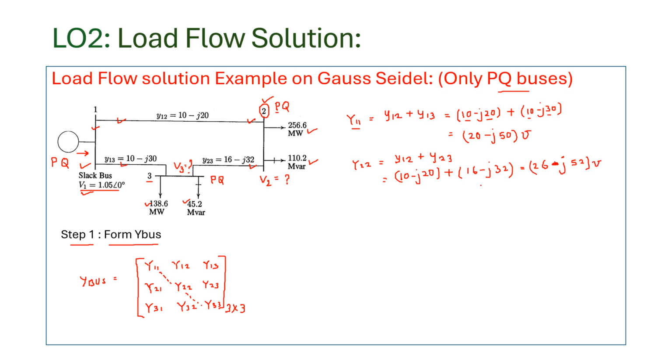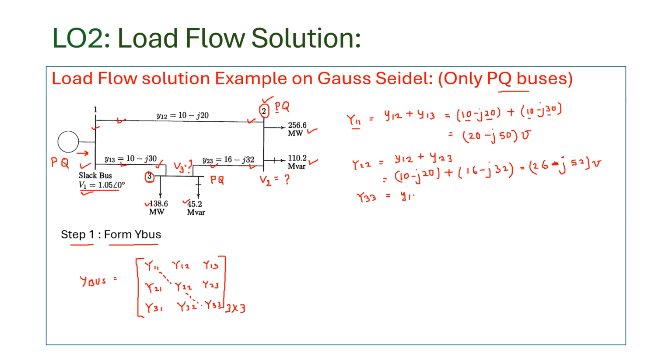mho. Similarly, let us find the third principal diagonal element, that is Y33, the total admittance connected to bus number 3. These two lines are connected to bus number 3, so we have to add their admittances.